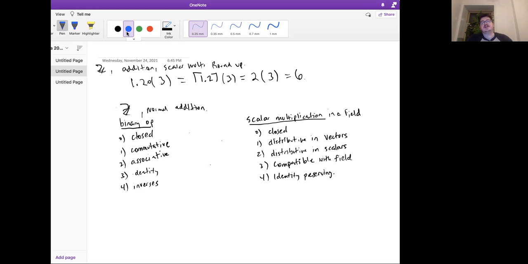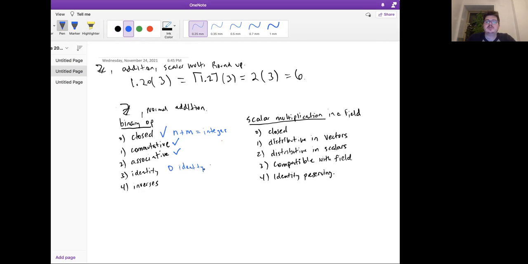Okay, so can someone tell me if that's a closed operation? Is normal addition a closed operation on integers? Yes. And why? It's because an integer plus an integer is an integer. Shouldn't have to say this, but is it commutative and associative? Yes. Normal addition is very nice. What is the identity element in addition? 0.